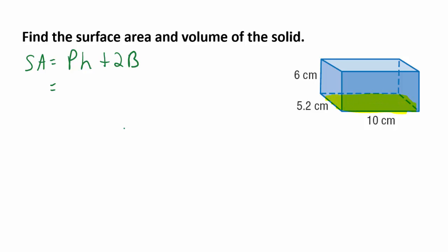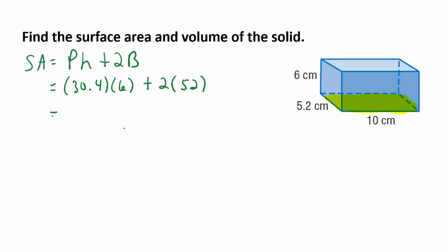Okay, so our base, the perimeter, is going to be 5.2 plus another 5.2 on this side, plus 10 plus 10. Okay, those four are going to be 30.4. Our height of this prism is going to be 6. I'm going to put that for the height, plus 2 times the base, the area of the base, and that's going to be 5.2 times 10, which is going to be 52.